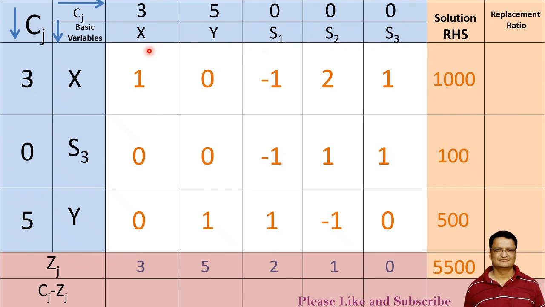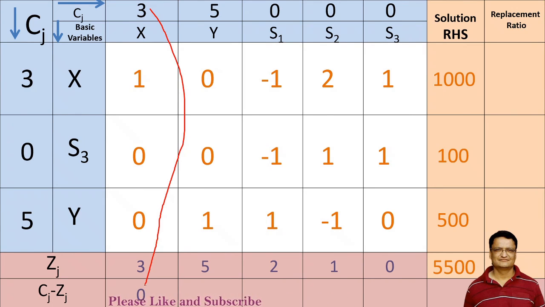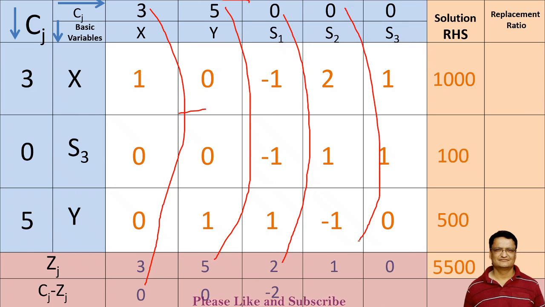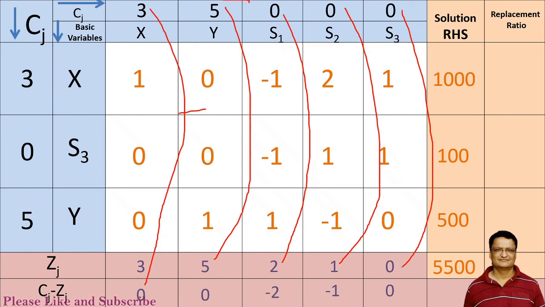So 3 minus 3 will give me a 0. 5 minus 5 will give me a 0. 0 minus 2 will give a minus 2, 0 minus 1 will give me a value of minus 1, and again 0 minus 0 will give me the value of 0.